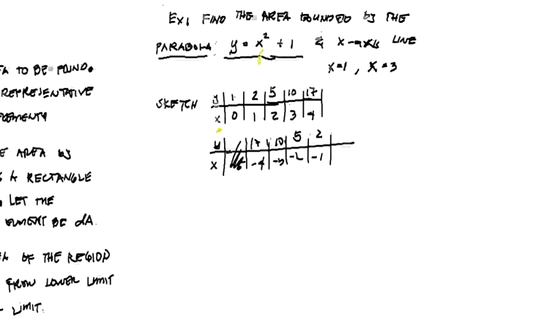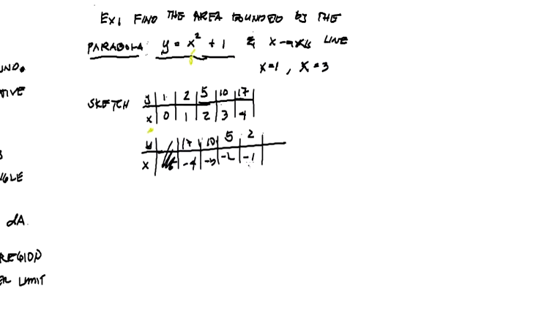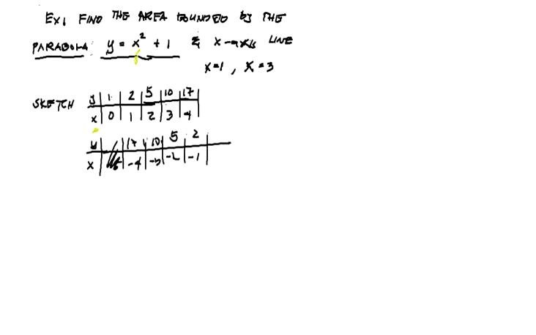So let's try to sketch it. Let me sketch it on this side. Okay, assume that my line is straight. Then we have 0, 1, 2, 3, 4, 5 and 1, 2, 3, 4, 5.